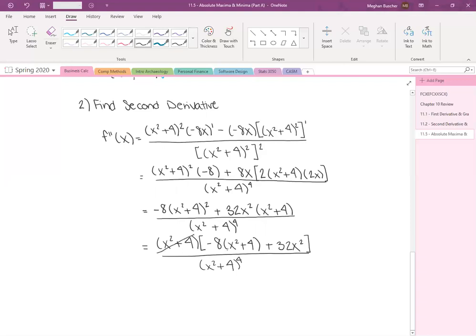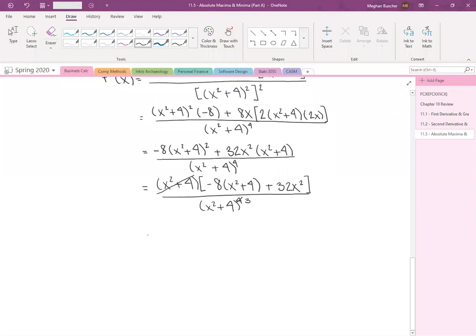Now we can cancel these out and combine terms here. So we're going to have negative 8x squared minus 32 plus 32x squared all over x squared plus 4 cubed.